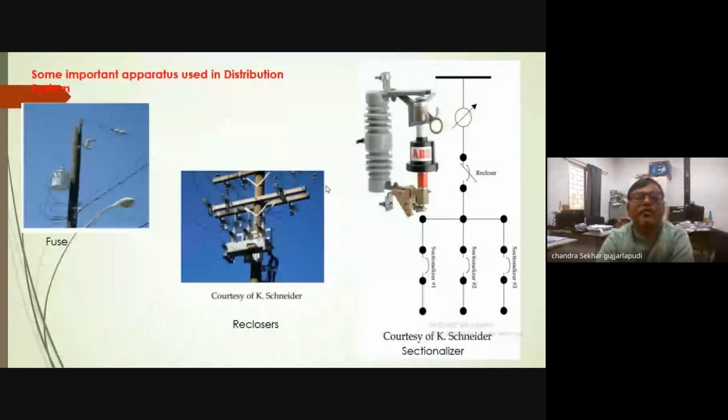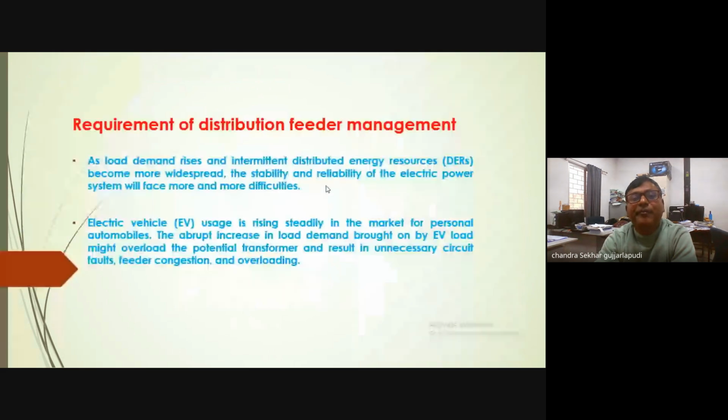Nowadays, as I told you, particularly for distribution reconfiguration, we have different types of switches like sectionalizing switches. Here is an ABB-made sectionalizer which can be utilized for network reconfiguration, as well as a recloser, and similarly a fuse. These can sometimes be utilized at the distribution level for reconfiguration purposes.